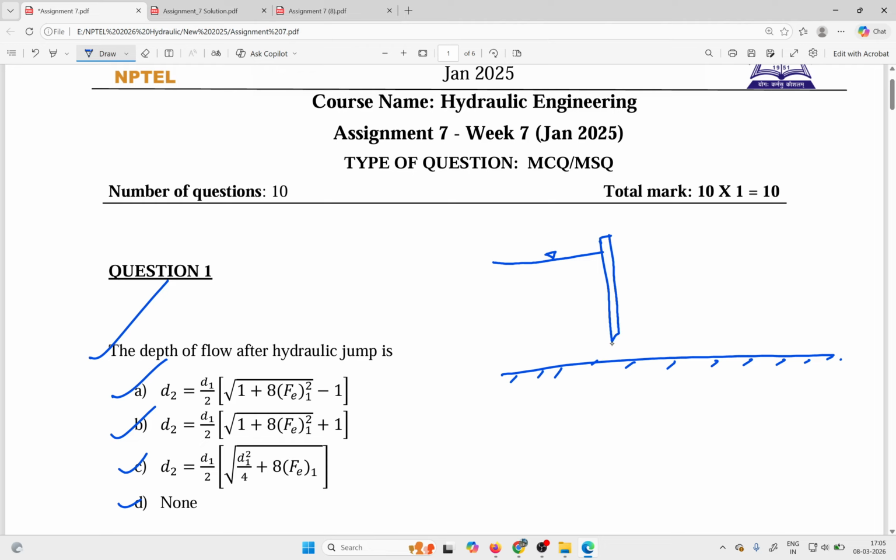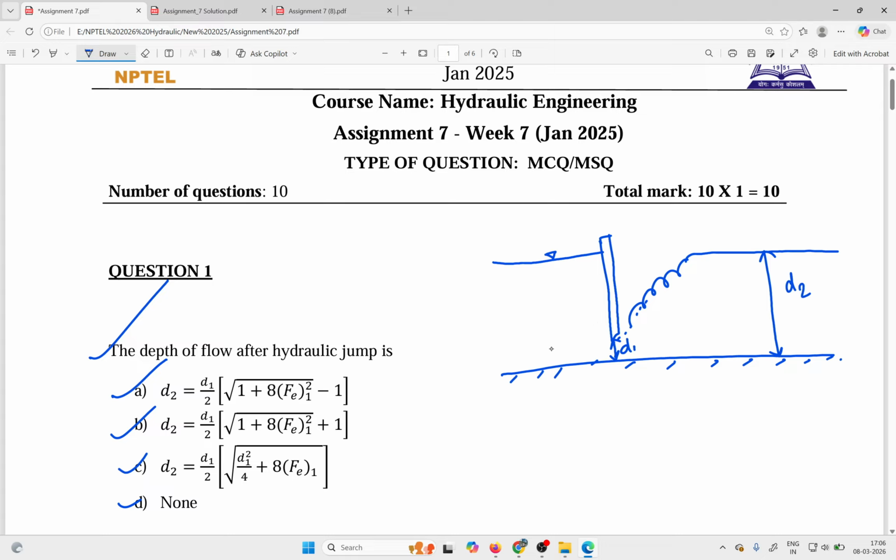So now this will create a hydraulic jump here, and after that, this is your depth before the hydraulic jump, and this is your depth after the hydraulic jump, D2. So these are the depths.